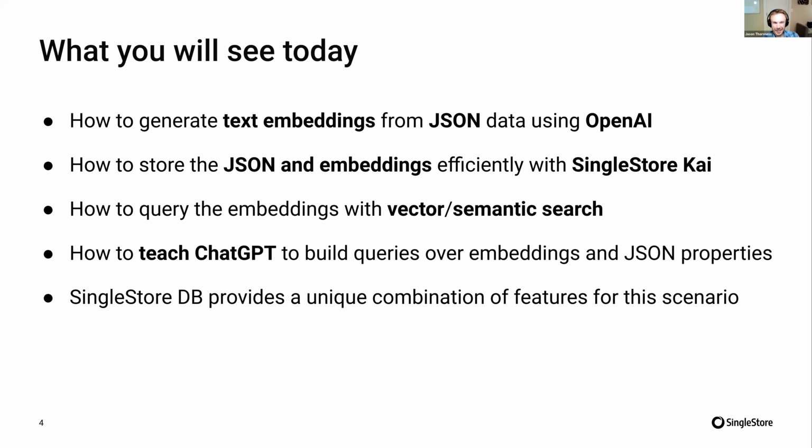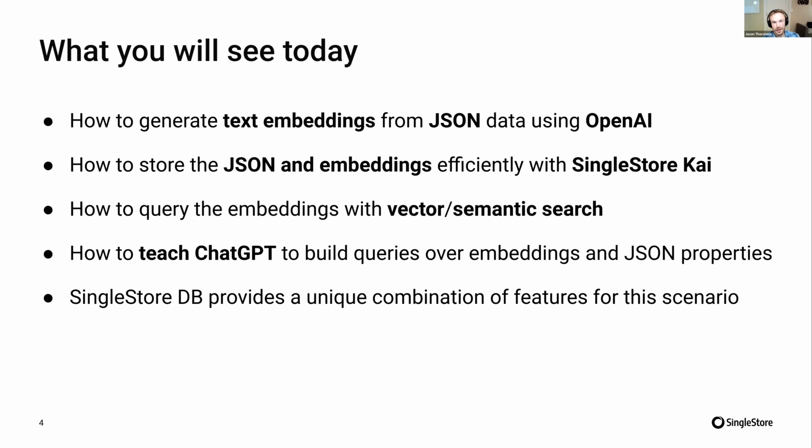And I have been working on JSON and the stuff that you're going to see today. So what will you see today? I'm going to go over how to generate text embeddings from JSON data using OpenAI APIs. How to store the JSON along with the embeddings efficiently in SingleStore DB.